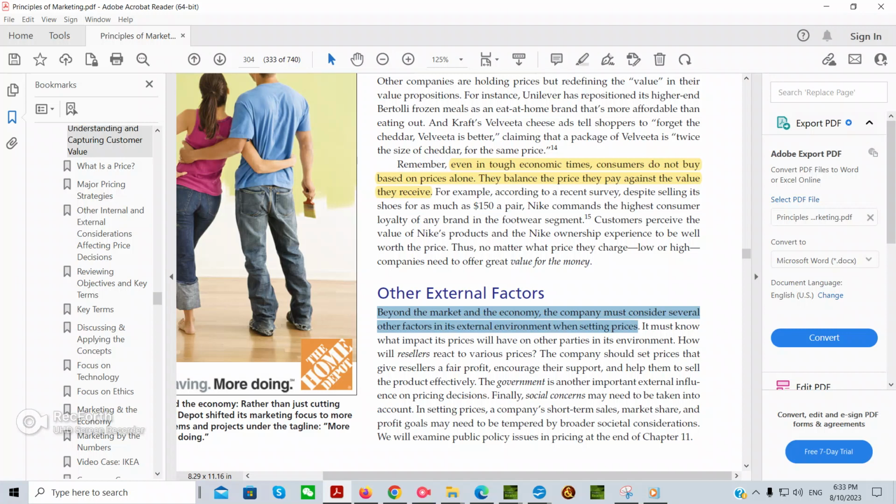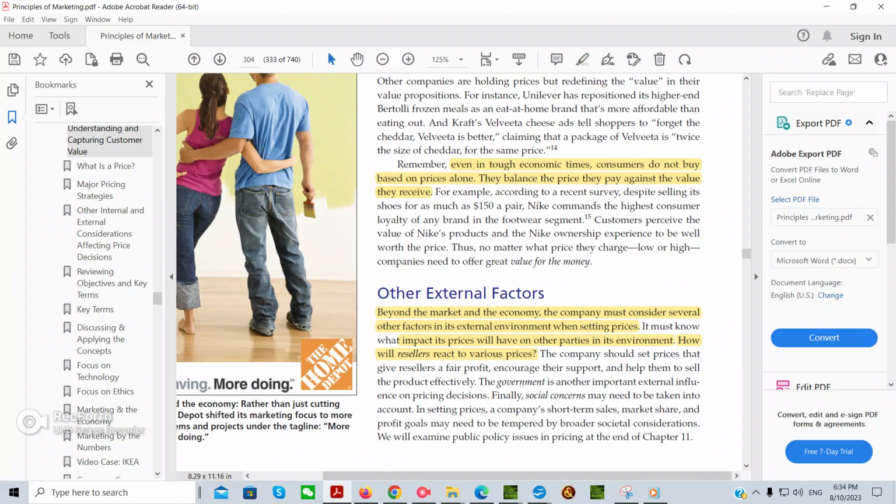Now, let's look at external factors. Beyond the market and the economy, the company must consider several other factors in its external environment when setting prices. It must know the impact its prices will have on the parties in its environment. How will resellers react to various prices? Will they stop buying or continue to buy?